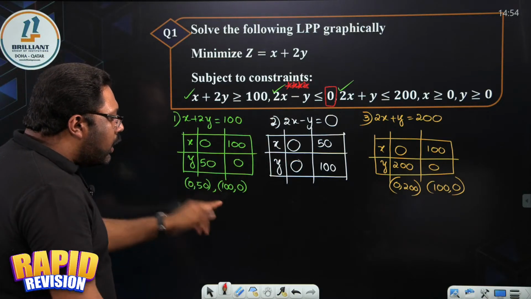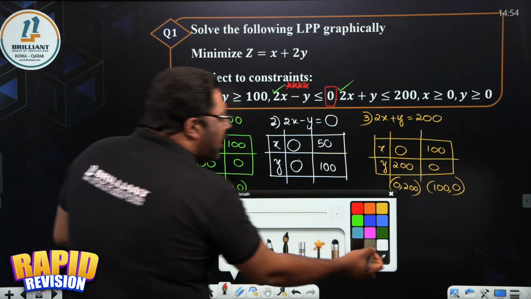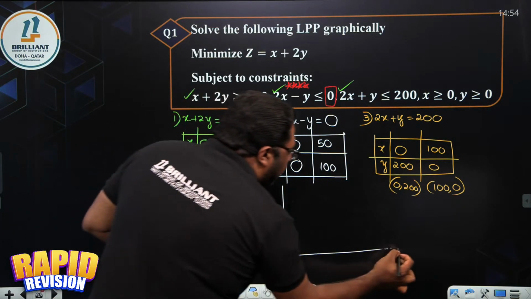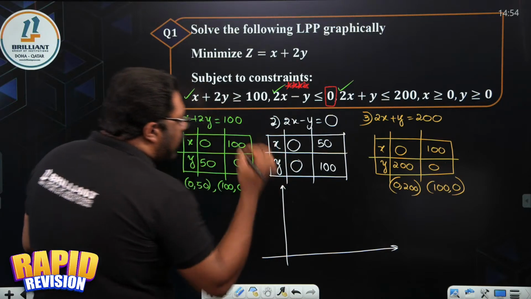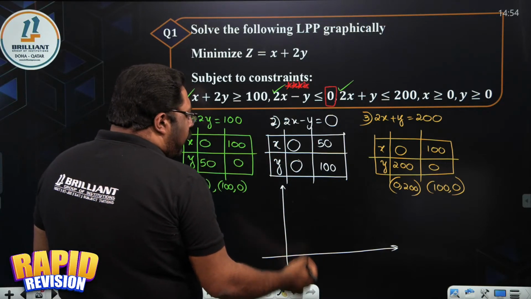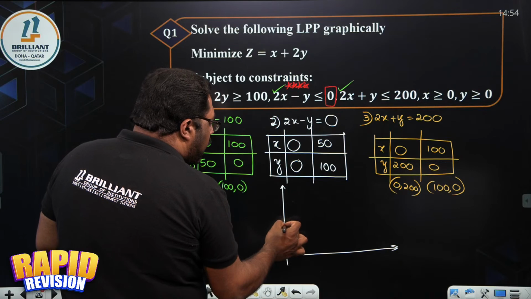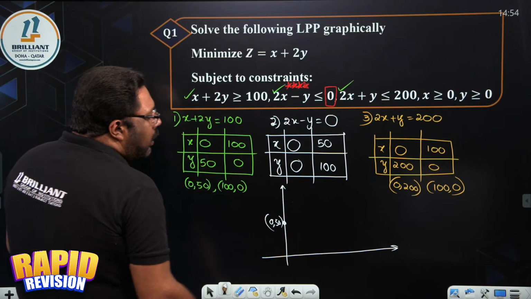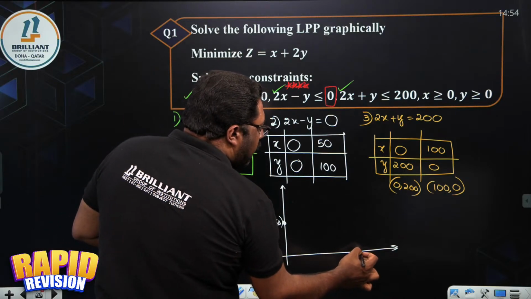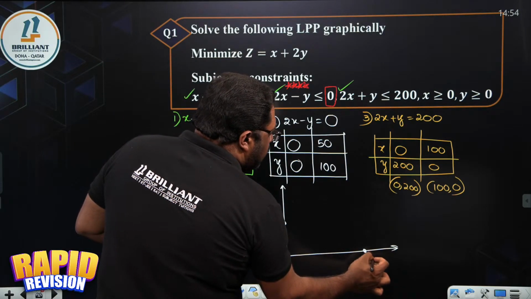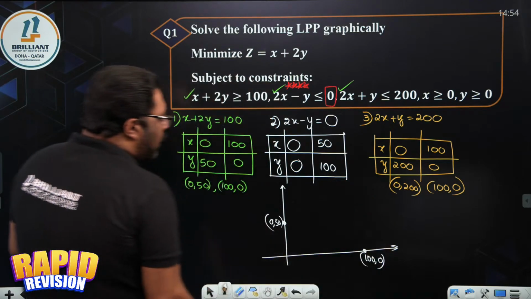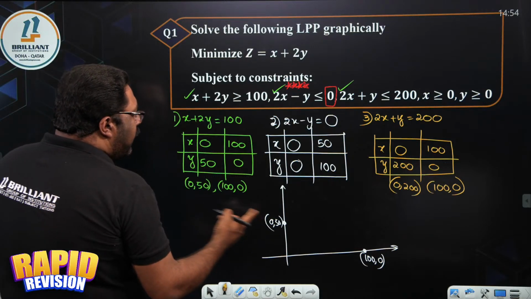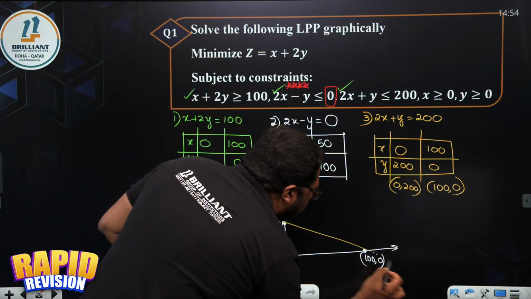So now we're going to graph this. I don't have a graph paper, but I'm going to draw a rough graph. The first point 0, 50. I'm not going to plot it perfectly. Next one 100, 0. First line done. I'll draw the line.